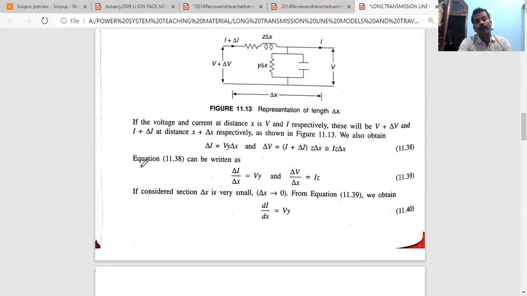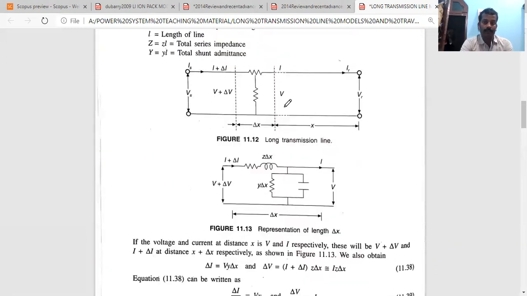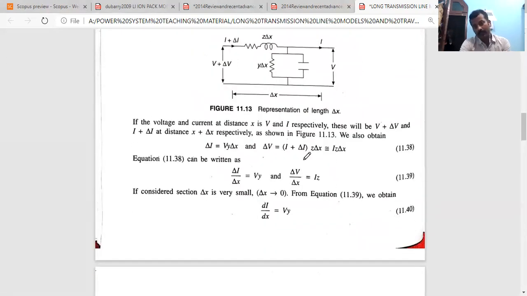If the voltage and current at distance x are V and I respectively, they will be V plus delta V and I plus delta I at distance x plus delta x respectively. At delta x, the voltage and current will increase by delta V and delta I.